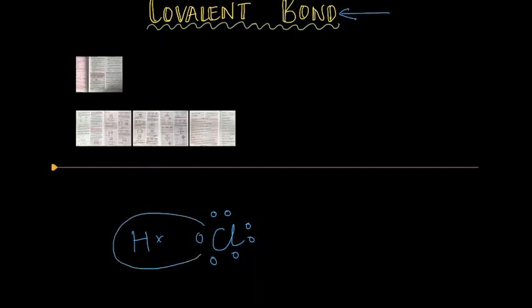Hydrogen will share 1 electron with chlorine, and chlorine will share 1 electron with hydrogen. So hydrogen has attained a duplet configuration and chlorine has attained an octet configuration.